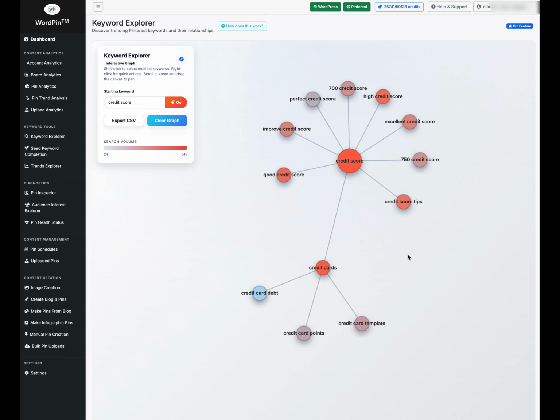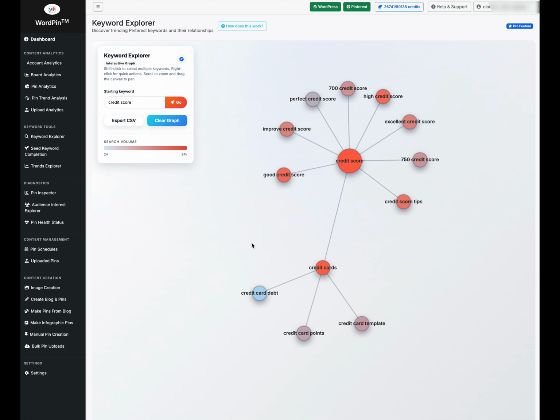So another important point is that you don't need to always go with those with the highest volume. You can even go with some that have a lower volume, but still are something that people search for. You want to have a mix of high and low volume. You know, in the whole SEO style, you don't always want to target the super high volume keywords because there is also much more competition.